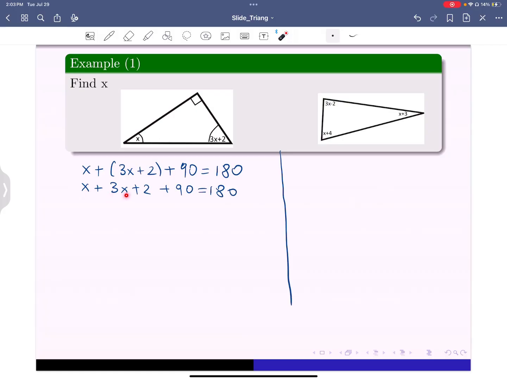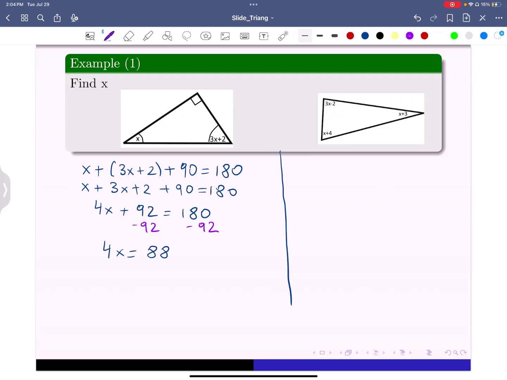1x plus 3x gives me 4x. 2 plus 90 is 92, which is equal to 180. We need to move the 92 to the other side, so we subtract 92 from both sides. So we have 4x is equal to 88.